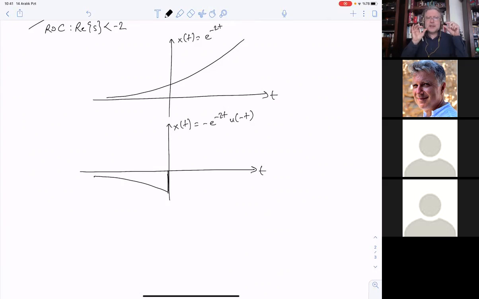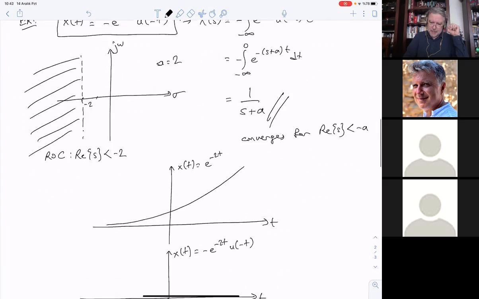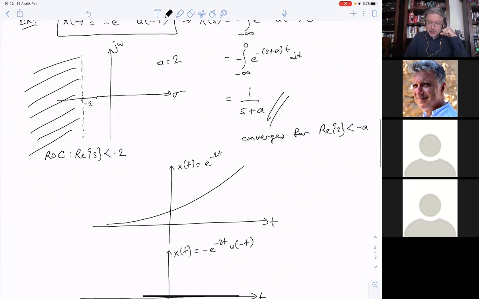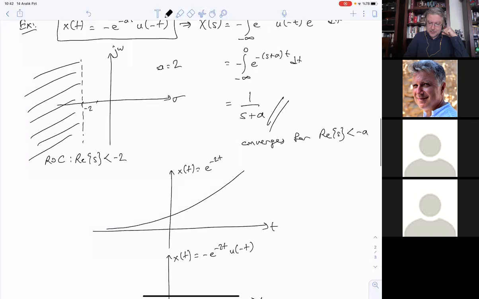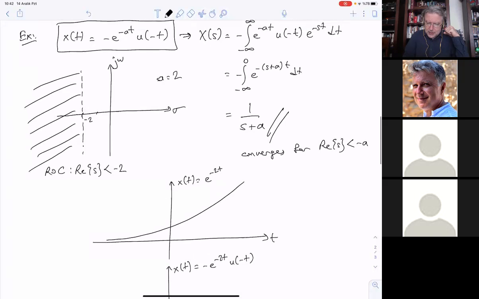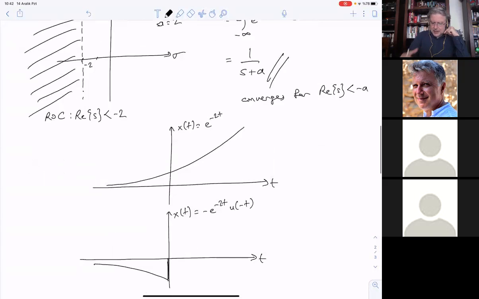And as you see in this region, when a is equal to 2, it is in a convergent state.